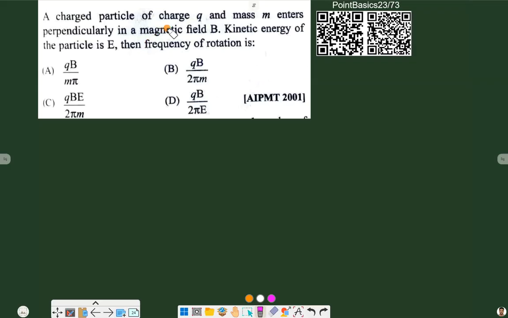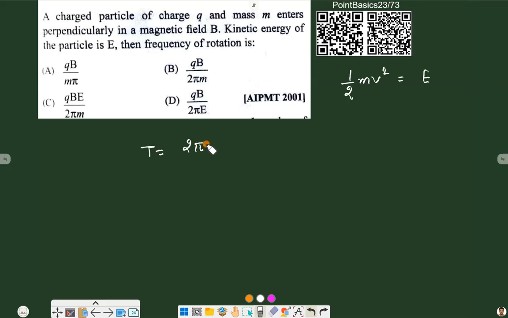A charged particle of charge q and mass m enters perpendicularly in a magnetic field B. Kinetic energy of the particle is E, frequency of the rotation is. So we have to find out the frequency of the rotation. Kinetic energy is given to be E. So we know that kinetic energy is just half mv square, so half mv square is equal to E. We have to find frequency of rotation, that we can find out from the time period.